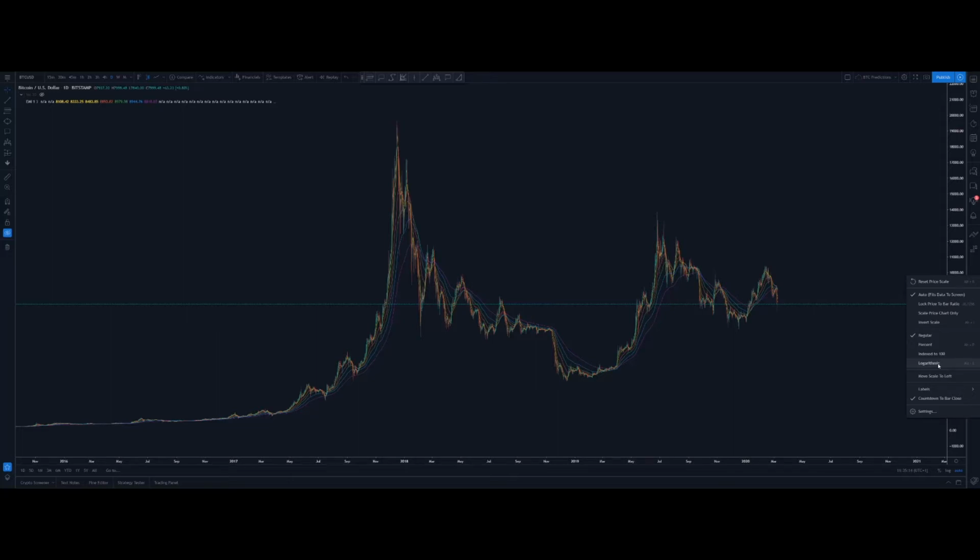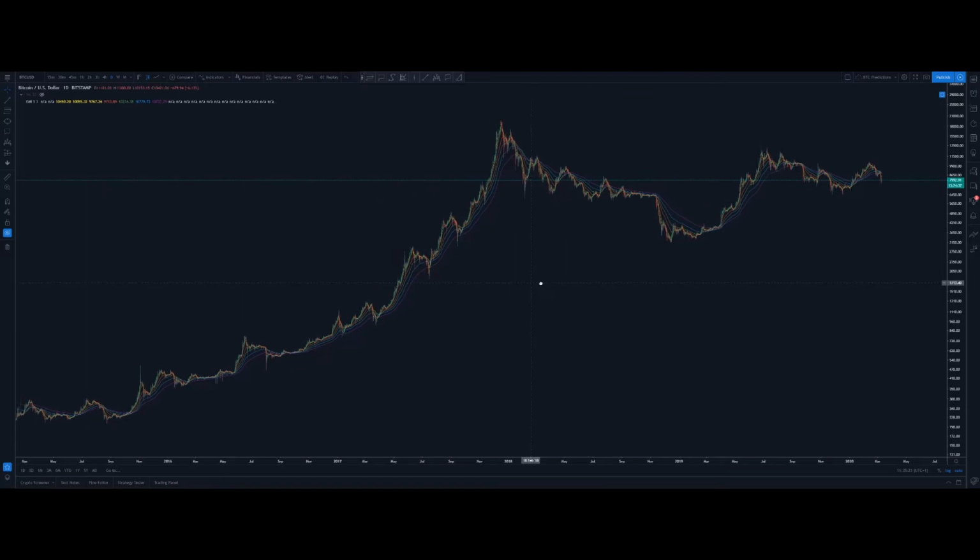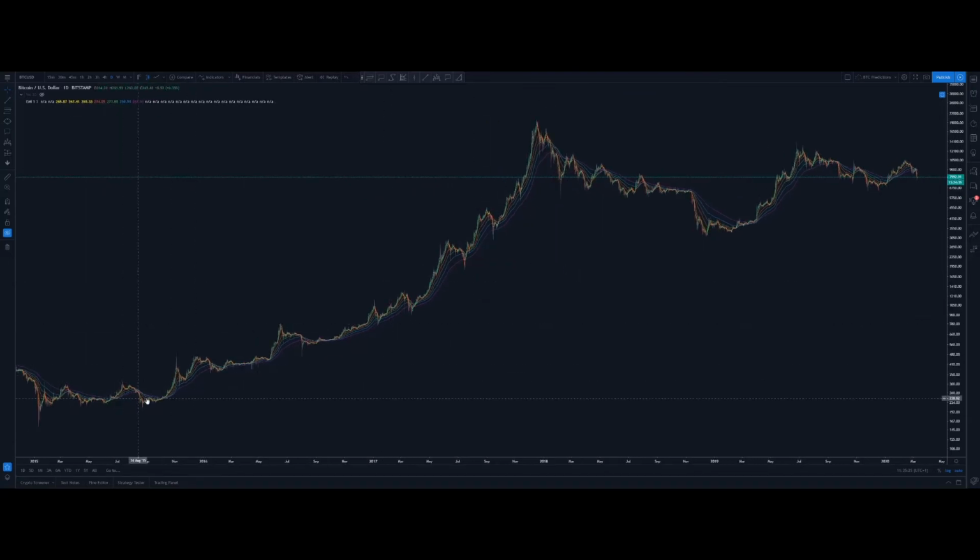But in this case, this is the only case when we do use logarithmic scale. It's the moving average, because as you can see, the algorithm of moving averages adapts visually to the price, to the logarithmic variables of the price.